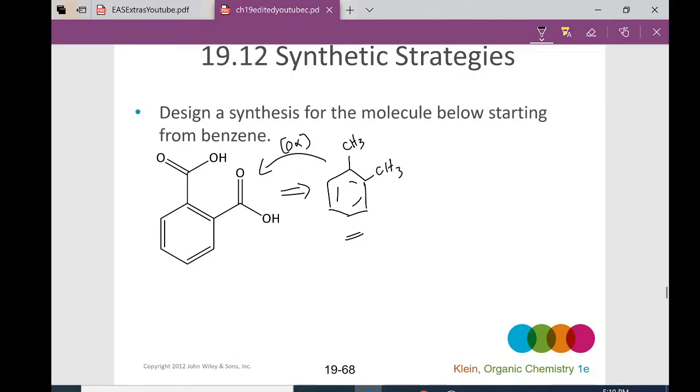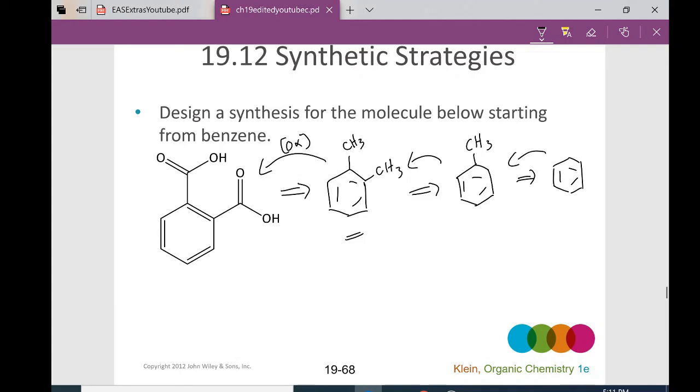Okay, well, we would have had to use a Friedel-Crafts alkylation to get those methyl groups on the ring. So if we go back a step, we would have had to have one of the methyl groups on the ring, right? Okay, and then we had to go from here to here. We would have had to put that second methyl on. But we've got a problem there, because once we go back to benzene, we can put that first methyl on, no problem.